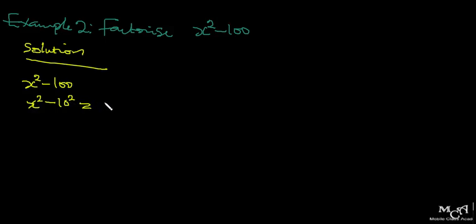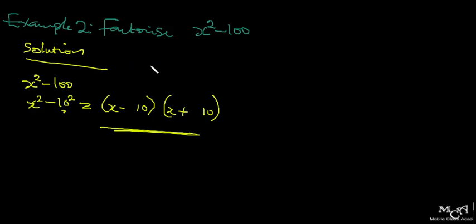Because they are a difference of two squares, we are going to do our two brackets. We put one x here, we put another x here. Then the 10, we put the 10 in the first bracket and in the second bracket. Then we introduce our different signs. So this is the answer to the question. I hope this is clear.